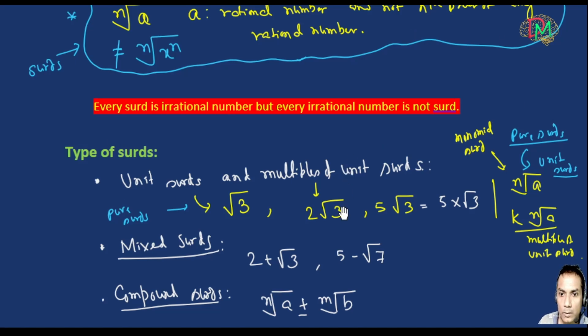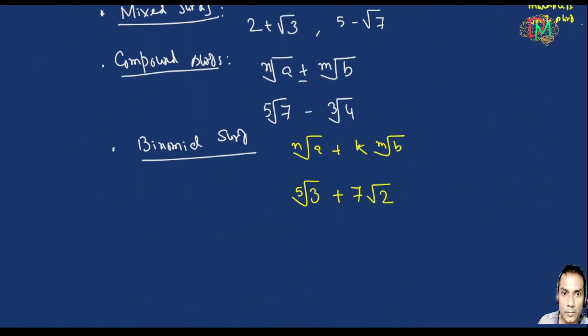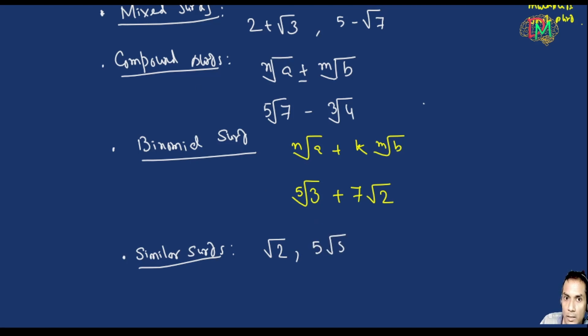Next we learn the similar Surds. So what are similar Surds? If it is a monomial, or you can say the unit Surd or a multiple of that unit Surd, then it is a monomial. Means if I multiply root 2 into 5, then these two Surds are similar.